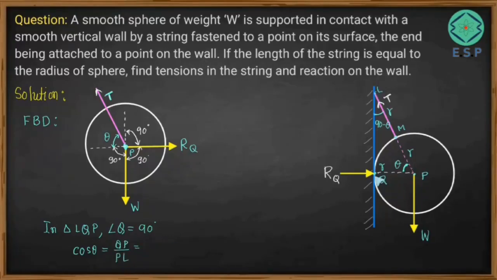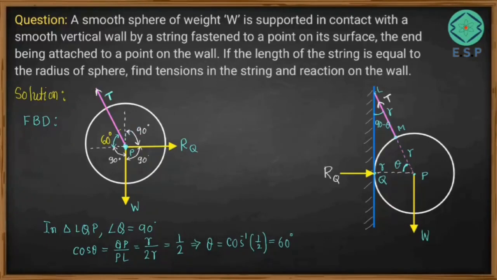But QP is nothing but the radius of the sphere, that is r, and PL is 2 times r. So this turns out to be 1 upon 2. Simplifying, I get angle theta as cos inverse of 1 by 2, and that is 60 degrees. So we got this angle as 60 degrees, friends.